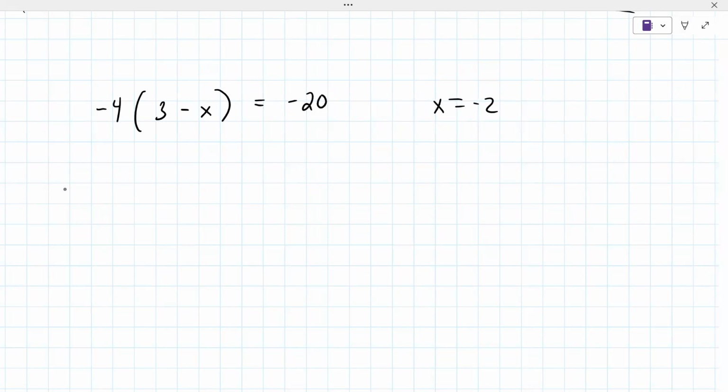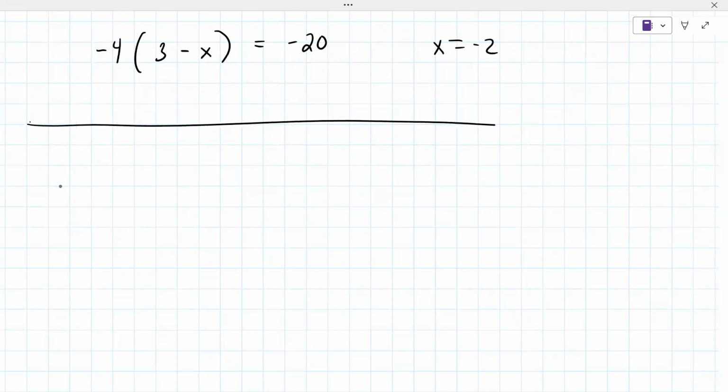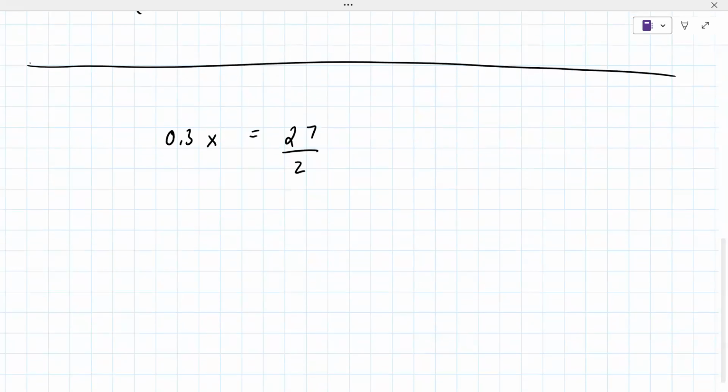Let's go back to doing fraction decimal stuff. Let's say it's 0.3x equals 27/2. So we were doing some towards the end yesterday.